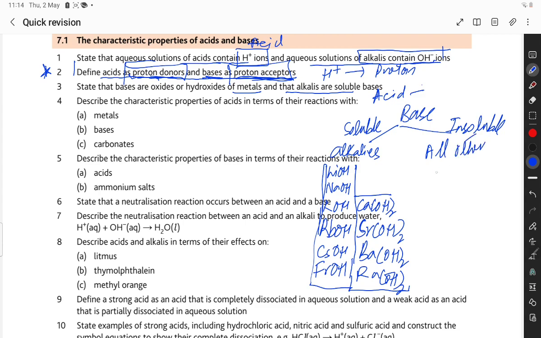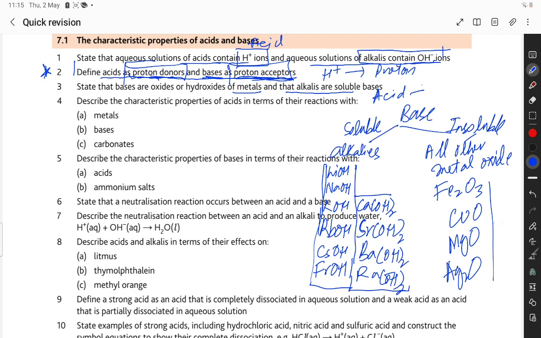Typical bases are Fe2O3, insoluble, CuO, magnesium oxide, and any other metal oxide, for example Ag2O, can be considered as a base, and other transition metal oxides such as vanadium oxide V2O5 are termed insoluble bases.